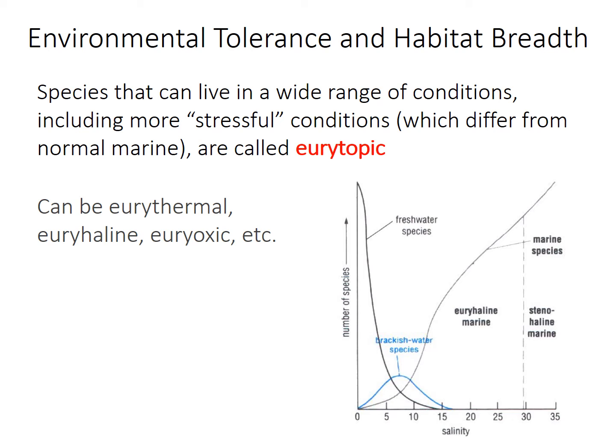So the general term given to organisms that have these broad environmental tolerances is this word eurytopic. So an organism can be eurythermal if it can tolerate a broad temperature range. It can be euryhaline if it can tolerate and live in a variety of salinity levels. But note that just because an organism might be eurythermal doesn't necessarily mean that it will also be euryhaline, and so forth.